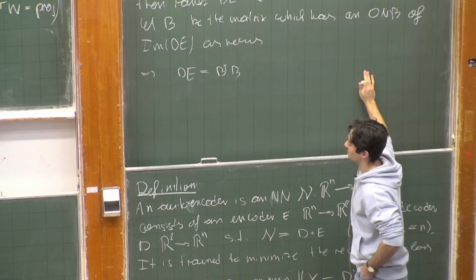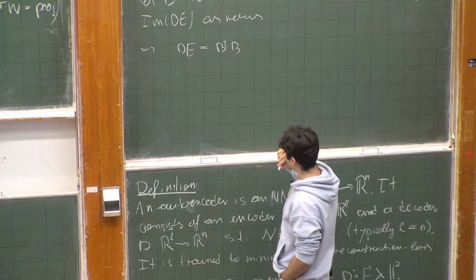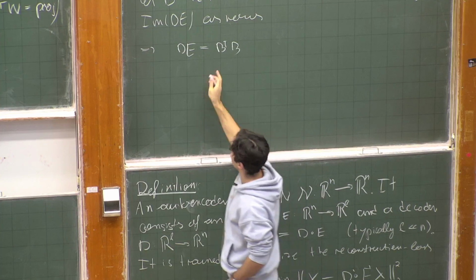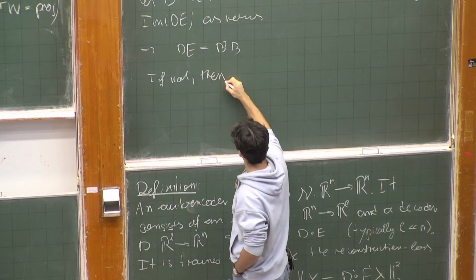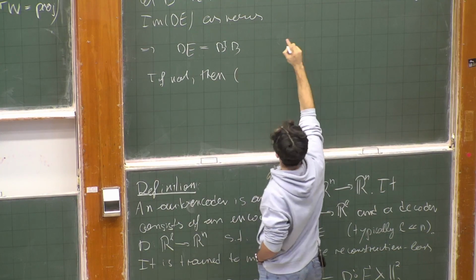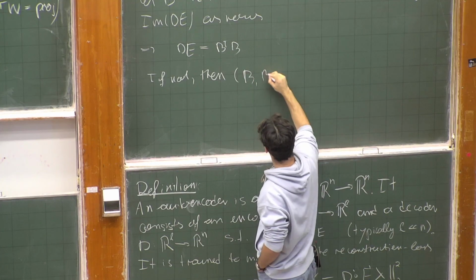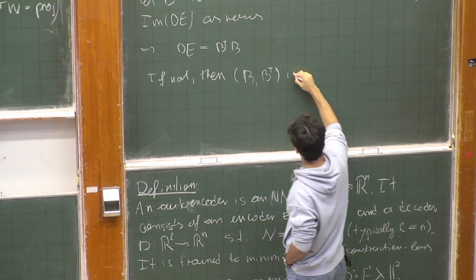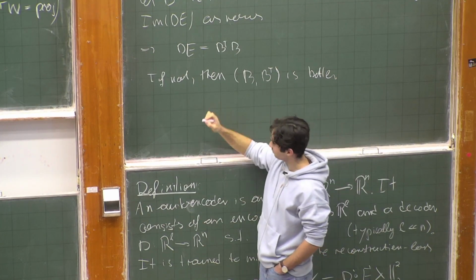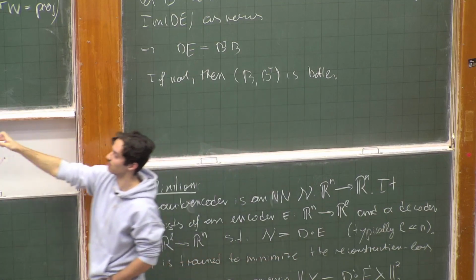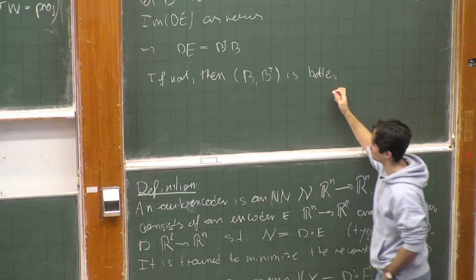We have to think a bit about functional analysis here, or linear algebra. If this was not the case, then picking B transpose B is better in some way than picking DE. And this would be a contradiction to the assumption that DE is optimal. Why can we conclude this?